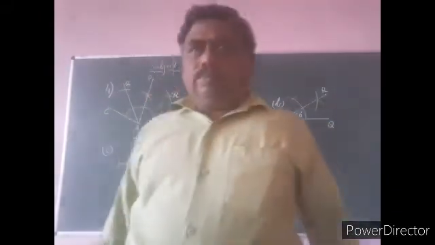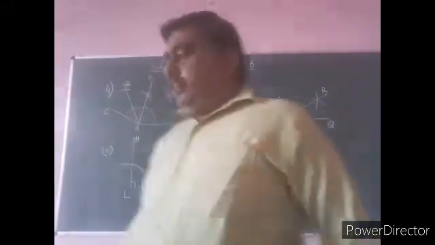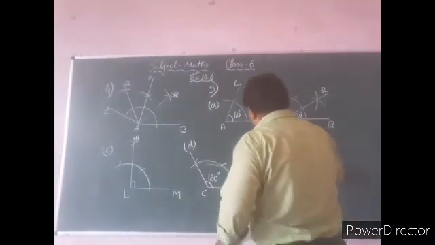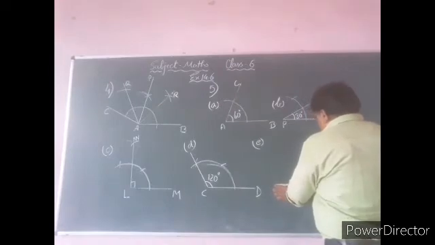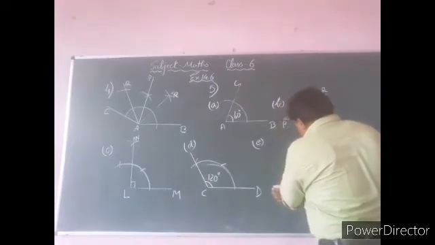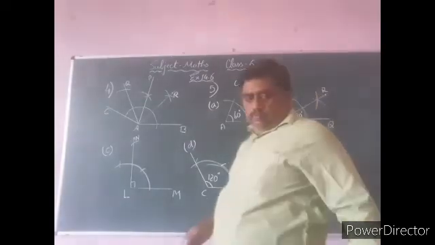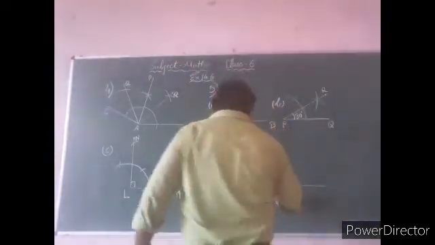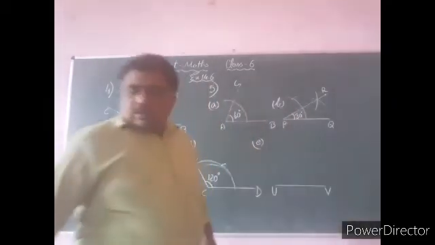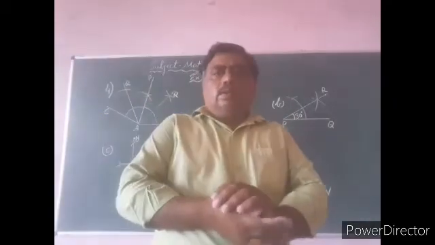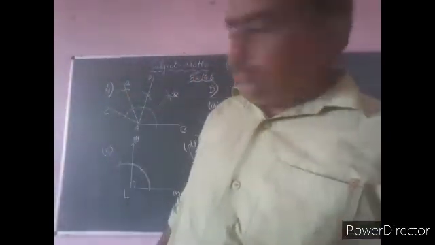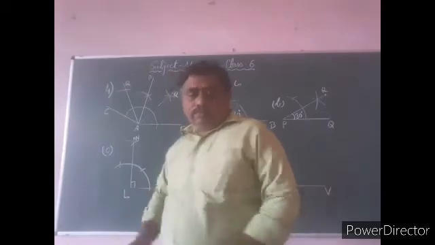Now 45 degree. Draw a line UB. Now make an angle of 90 degree in this way.